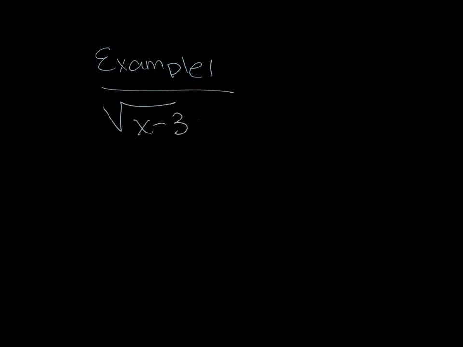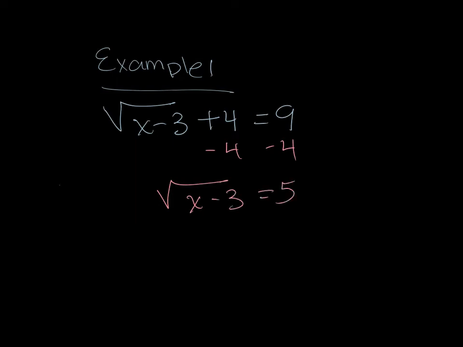Alright, so let's get to the new stuff. Here is example 1. For example 1, we have the square root of (x minus 3) plus 4 equal to 9. First step, we're going to move 4 to the other side. Subtract 4, subtract 4. So now we have the square root of (x minus 3) equals 5. We are going to do the inverse, and that is squaring it.